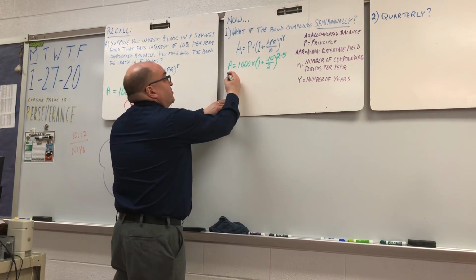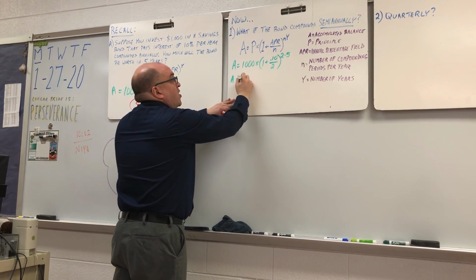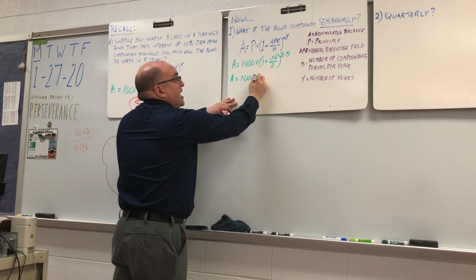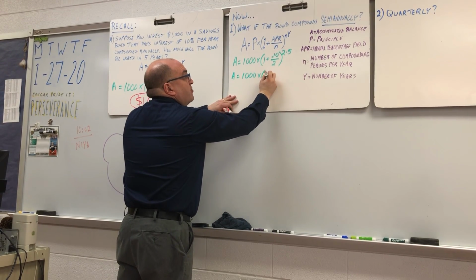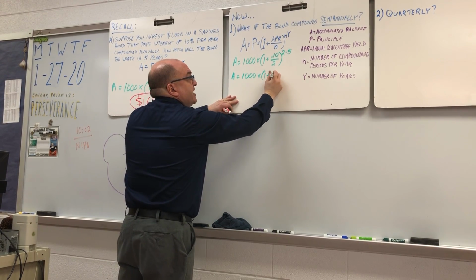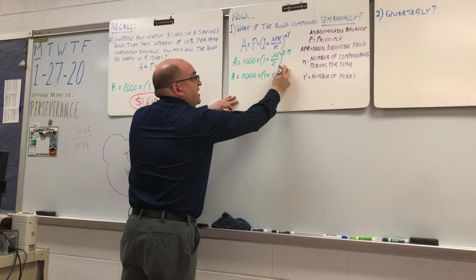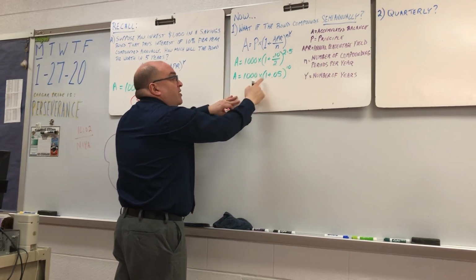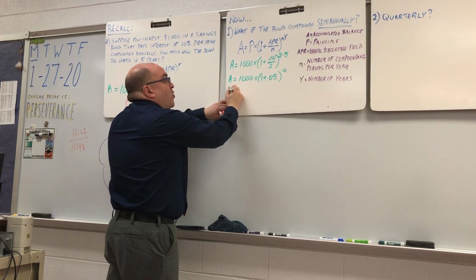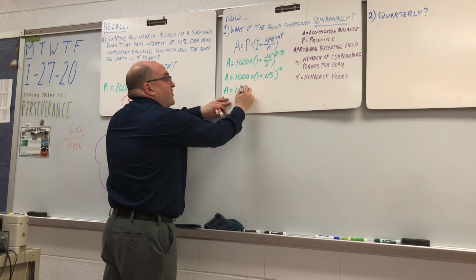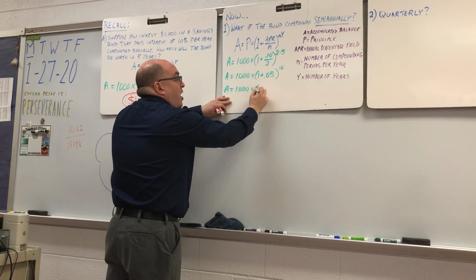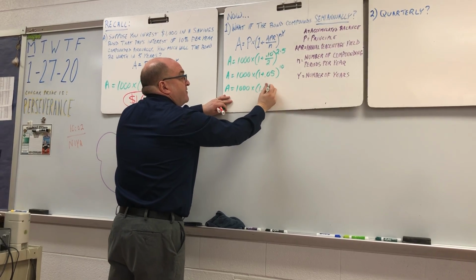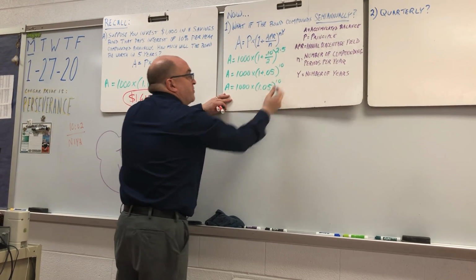Okay? So now 1,000 times 1 plus 0.05 to the 10th power. What is 1 plus 0.05? 1 plus 0.05 is, of course, 1.05 to the 10th power.